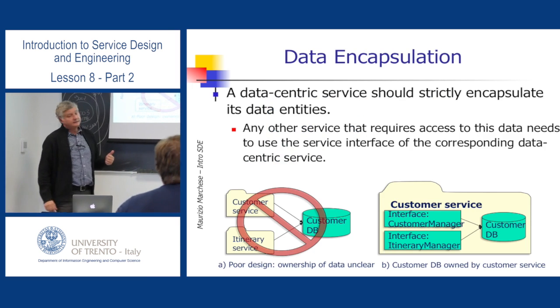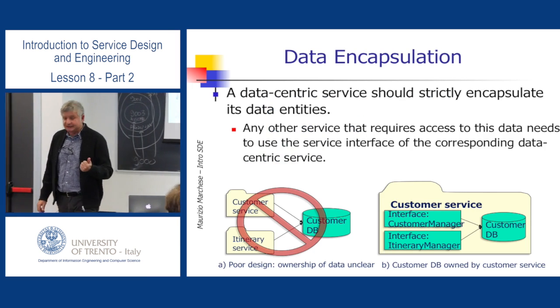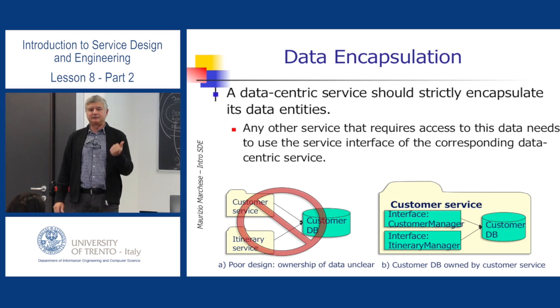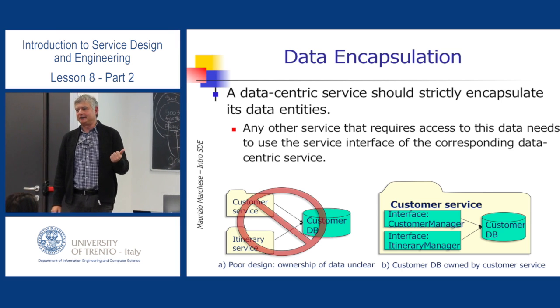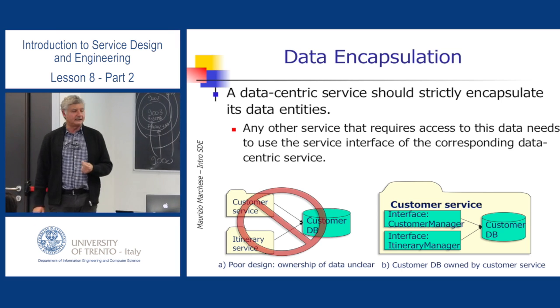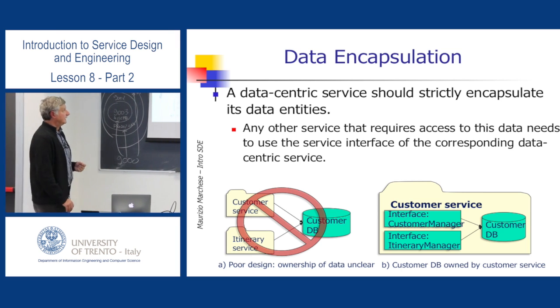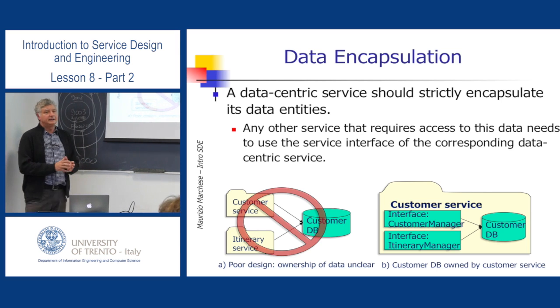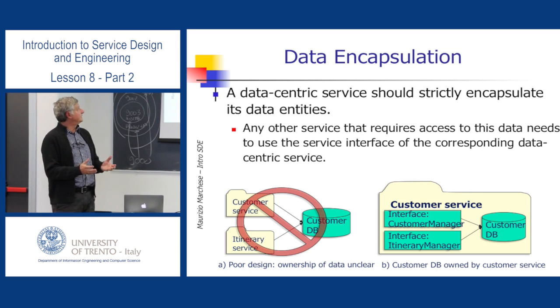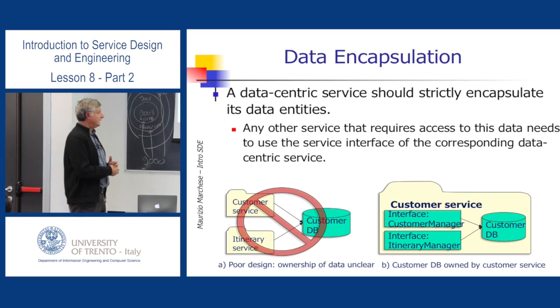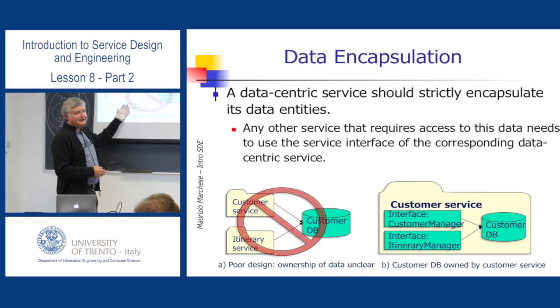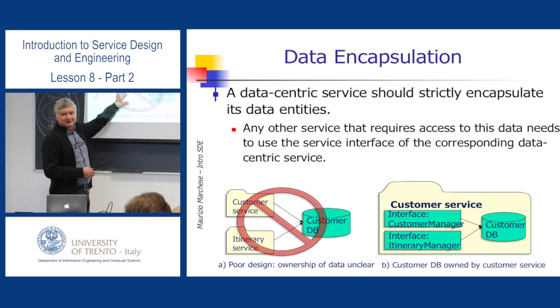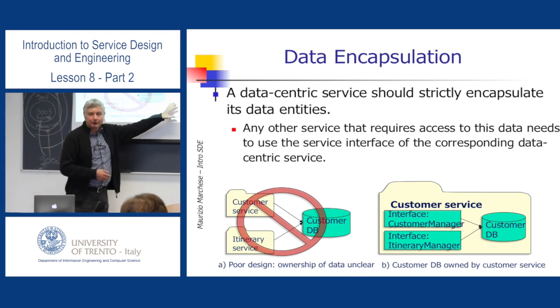Another point, these are again suggestions, okay? Best practices or guidelines on how to build this kind of services. Usually it's good practice to encapsulate your service strictly on the particular data that you are using. Obviously both approaches work.